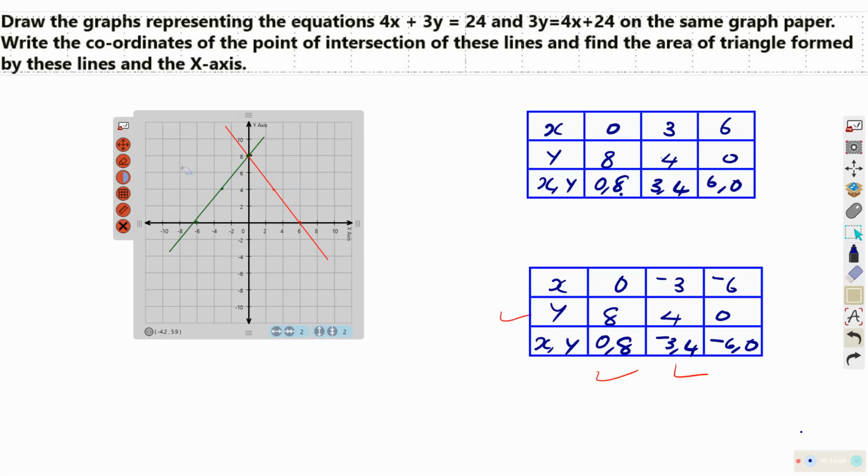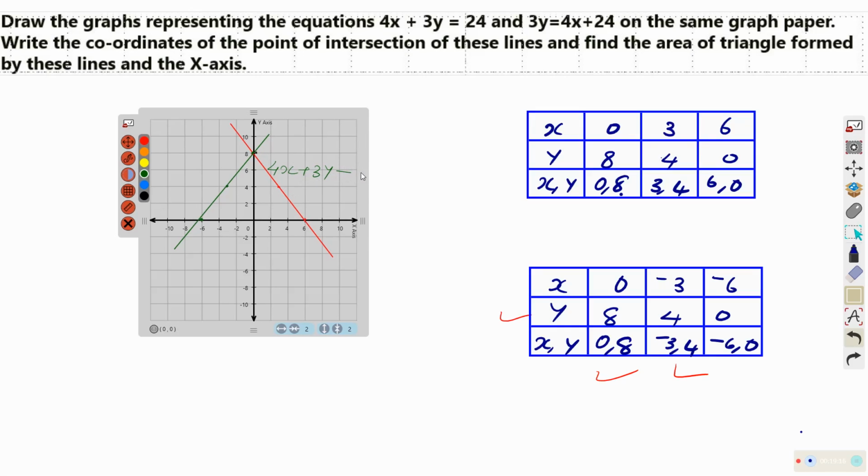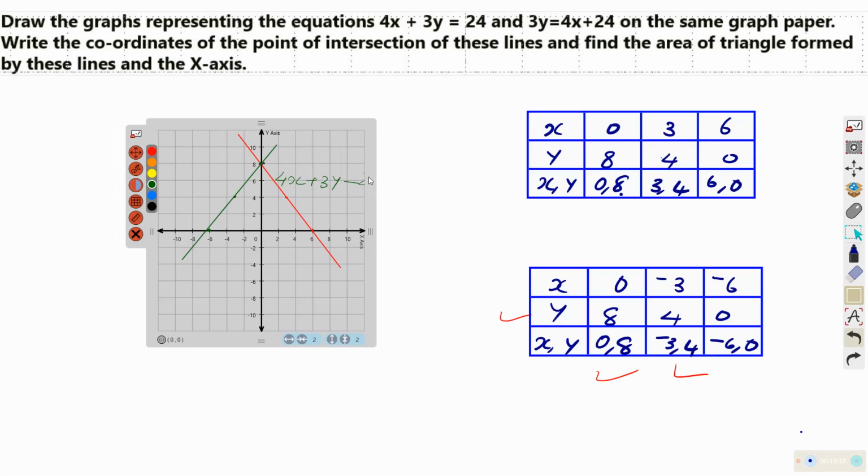Before that, let me mark. In the graph we should write which graph it is. 4x plus 3y is equal to 24, the first case. Oh, I cannot write over there. I will change. I will make it small. Let me erase it.